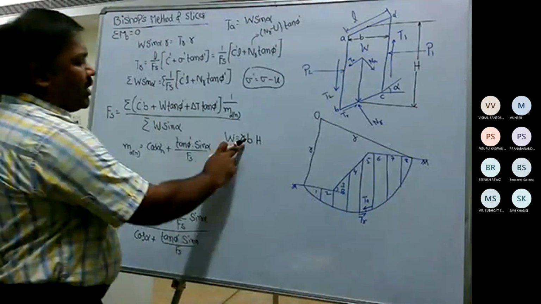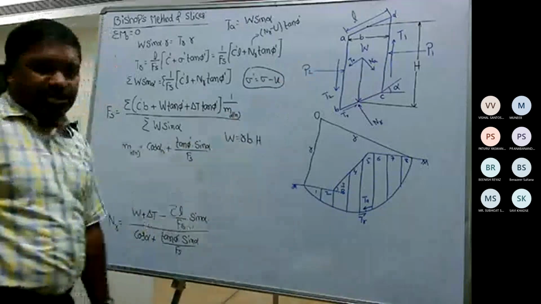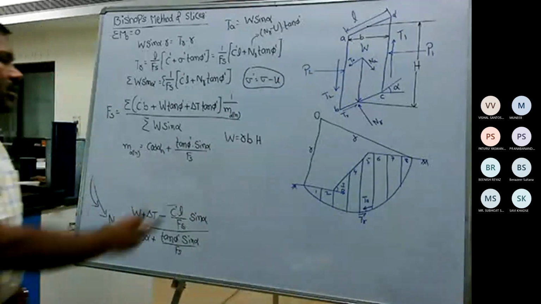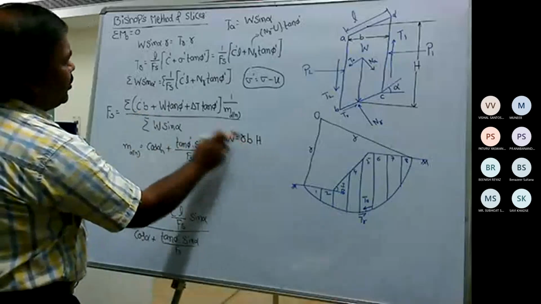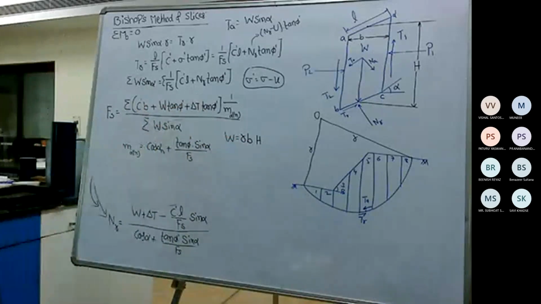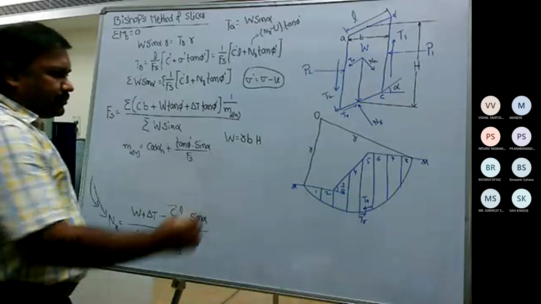So gamma multiplied by the area, B into H. So you can also replace your W with gamma B into H in this equation.